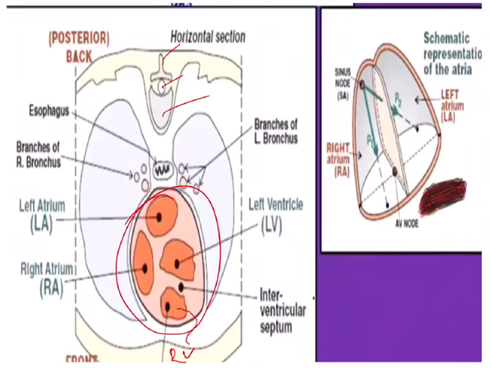This is the right ventricle, this is the right atrium, this is the left atrium, this is the left ventricle. This is how our heart appears from the top in the horizontal section. Whenever the SA node fires, first of all the right atrium is activated.